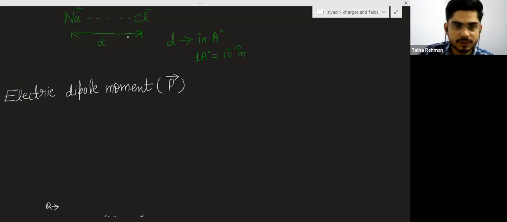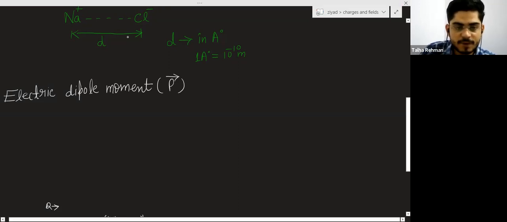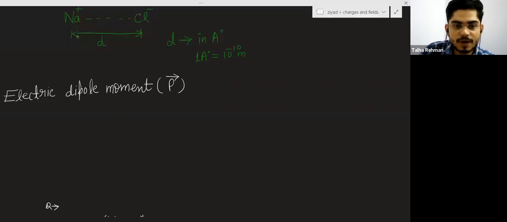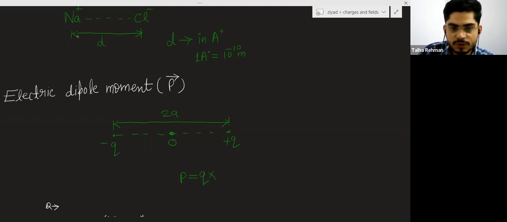If you have a dipole having minus q charge and a plus q charge, and suppose this is the center of dipole, and the distance between two charges I am taking as 2a, then when you calculate the dipole moment, you will take the magnitude of either of the charges into the distance between two charges, 2a.